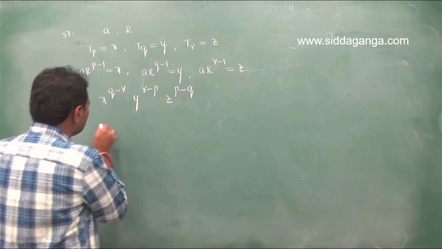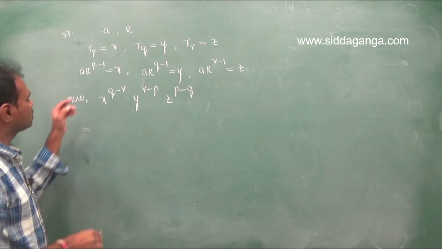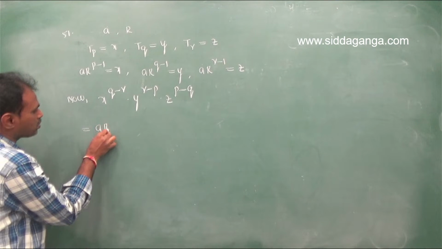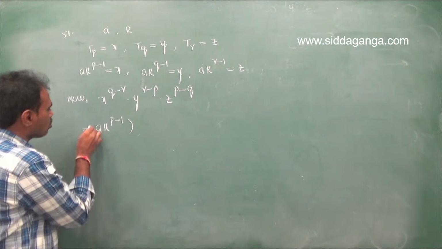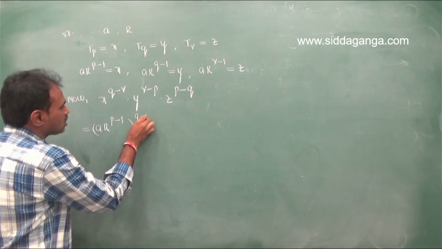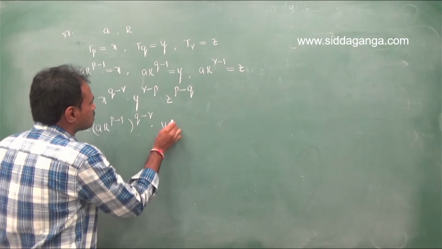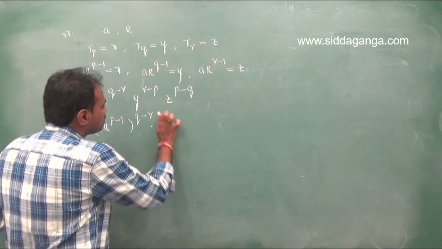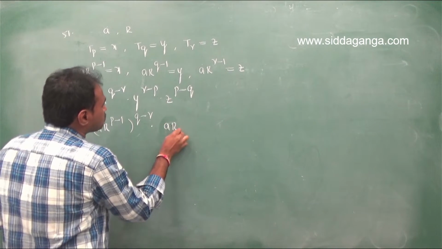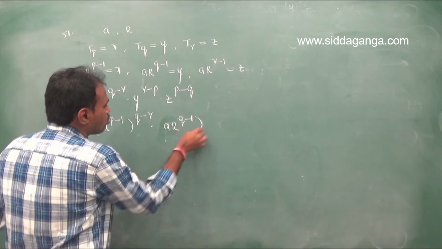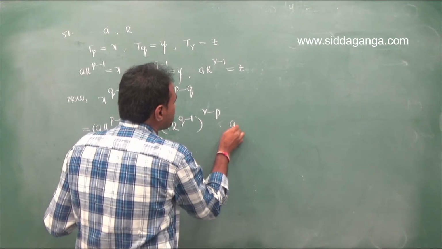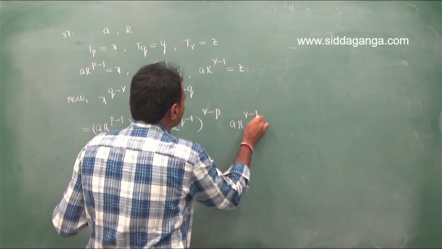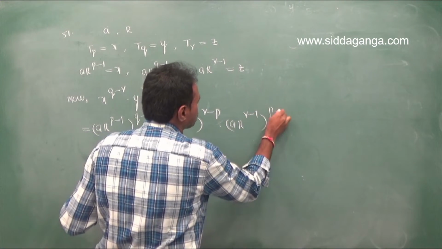We already know the value of x, that is a into capital R power p minus 1, whole power q minus r, into y power, y is a into r power q minus 1, whole power r minus p, into z, whose value is a into r power r minus 1, whole power p minus q.